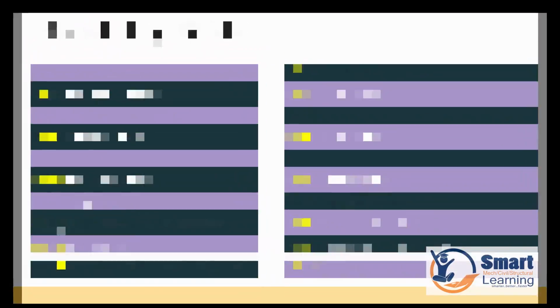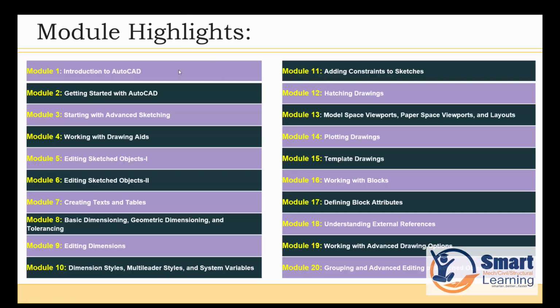These are our module highlights. Twenty different modules have been shown categorically: introduction to AutoCAD, getting started with AutoCAD, advanced sketching options, working with drawing advanced options, editing sketches, fundamental and advanced, creating text and tables, basic dimensioning, GD&T and its complete features, editing dimensions, dimension styles, its variables and a typical advanced option known as the system variable, which we will talk about in more detail.